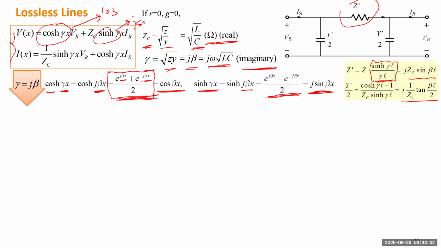Because we ignore the loss, Z prime becomes a purely imaginary value. So that impedance is equal to a factor, sine beta L, multiplying the characteristic impedance. And half Y prime is half of the admittance. So right now, if you treat this one as an admittance, this value will be equal to half of omega C.